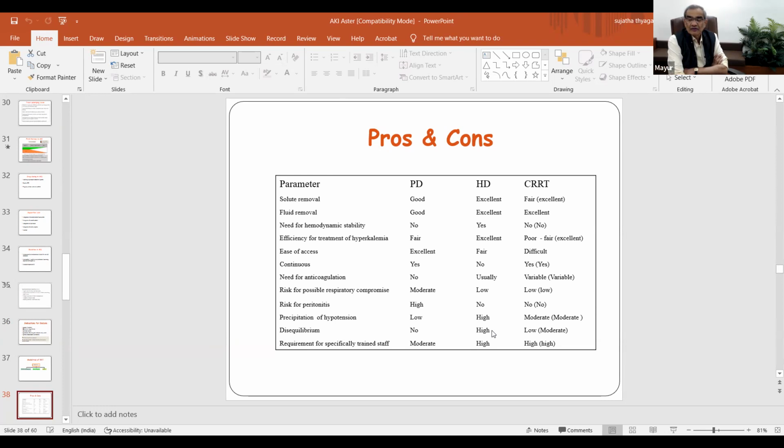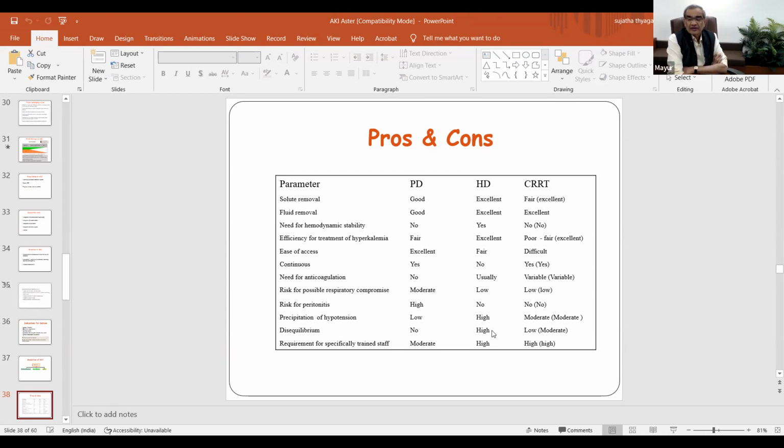Solute removal is very good with hemodialysis, quite good with CRRT, but not so good with peritoneal dialysis. Fluid removal is excellent with hemodialysis. So hemodialysis is very good for rapid solute removal, and it's very good for rapid fluid removal because you can do ultrafiltration, right?